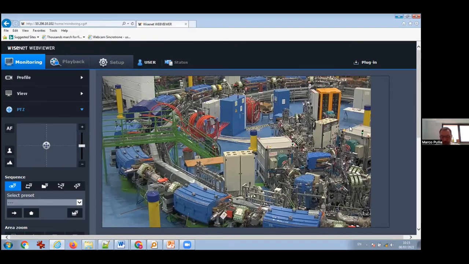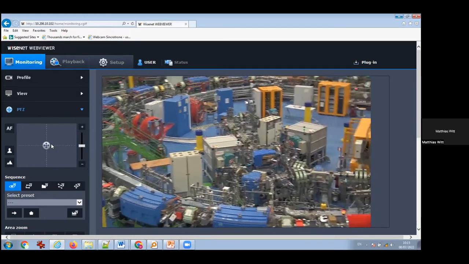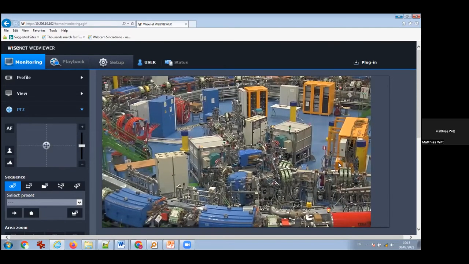Okay, Matthias. Yeah, we have one, Marco. Regarding the sources and the Linac inside the ring: if money wouldn't play any role and space would also play no role, would you still put the sources and the Linac inside the ring, or would you put them outside? Because I imagine every time you have an issue with the source or with anything, you have to shut down the entire treatment.